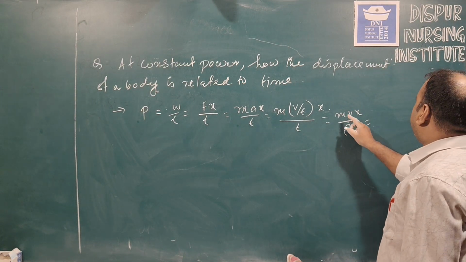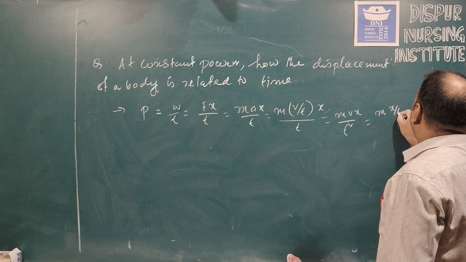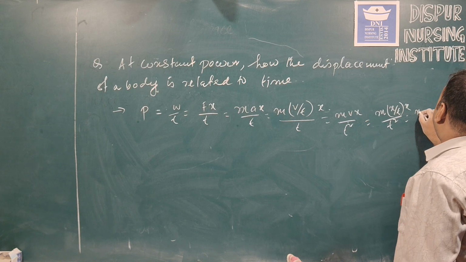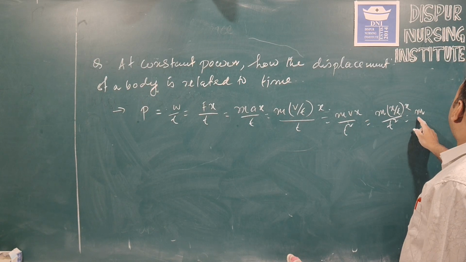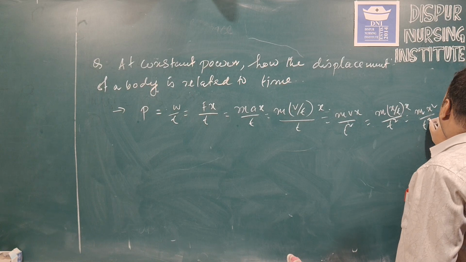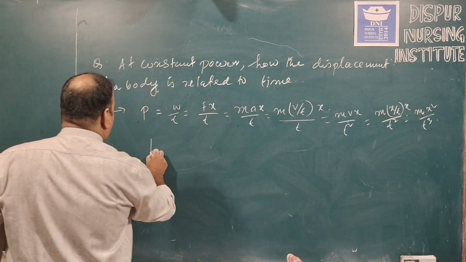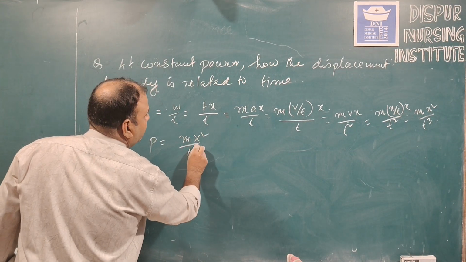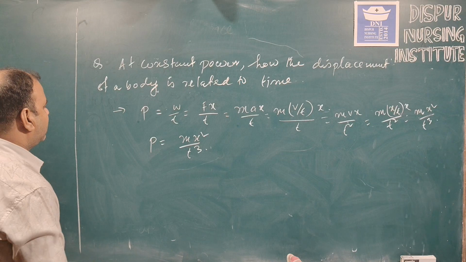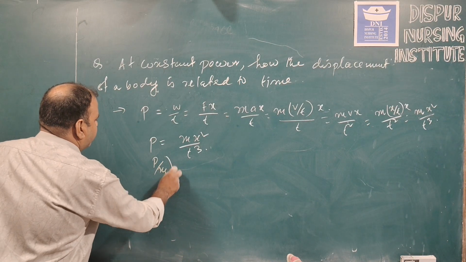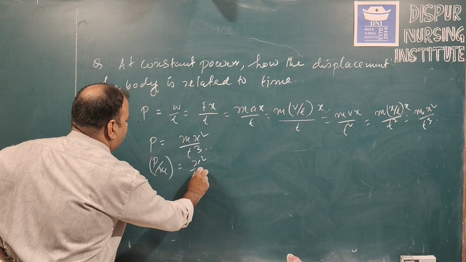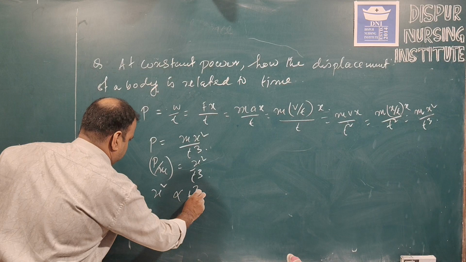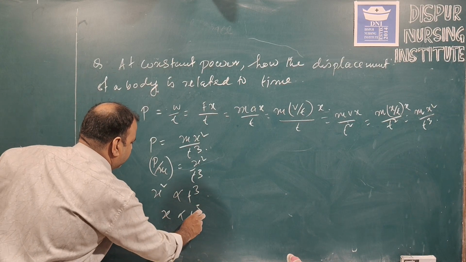Again, the value of V we can write as X by T, and here X divided by T square, so it is M X square divided by T cube. So you can see power is equal to M X square divided by T cube. So in this case, we can write P by M is equal to x square by t cube, so x is directly proportional to t to the power 3 by 2.